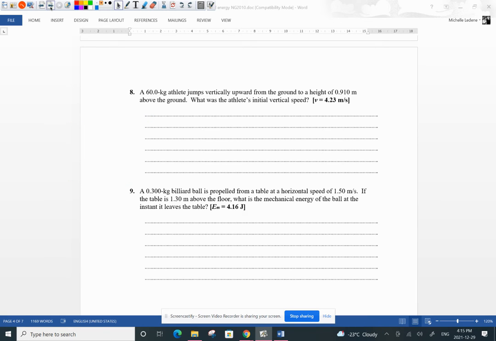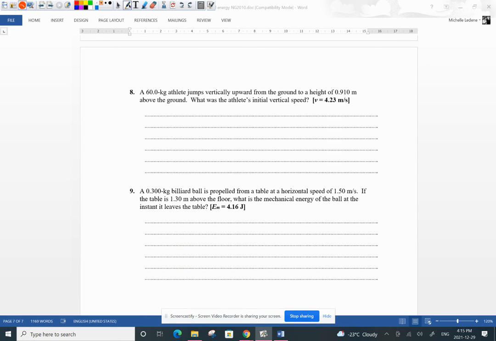So here's the deal. When in doubt, draw it out. Okay, so here we have our little athlete. As the athlete jumps up, the instant the athlete jumps off the ground, the kinetic energy is reaching the maximum.